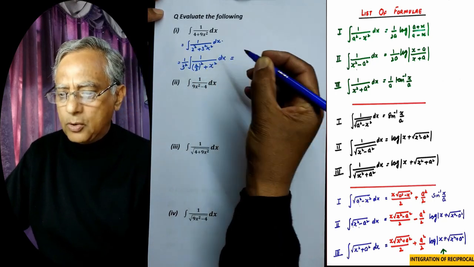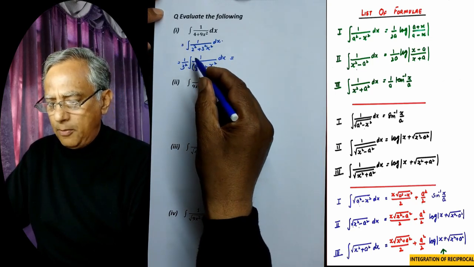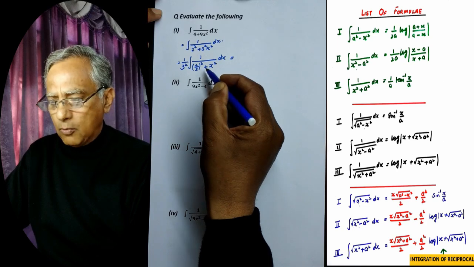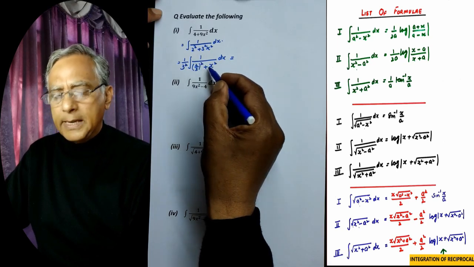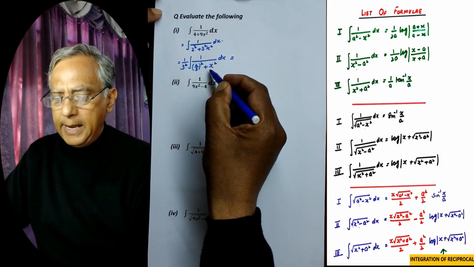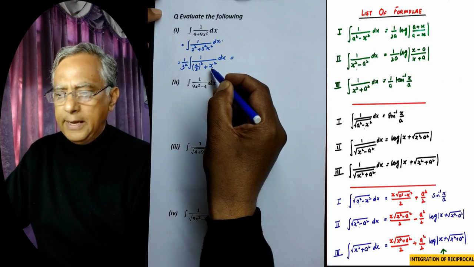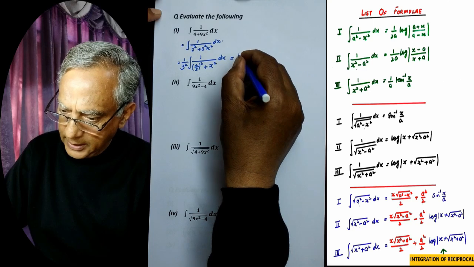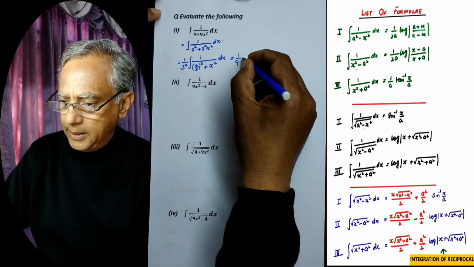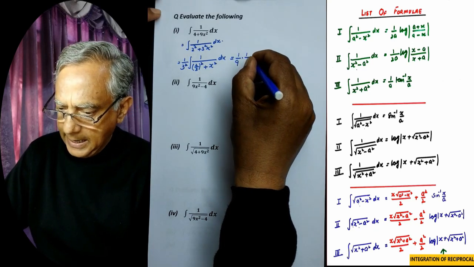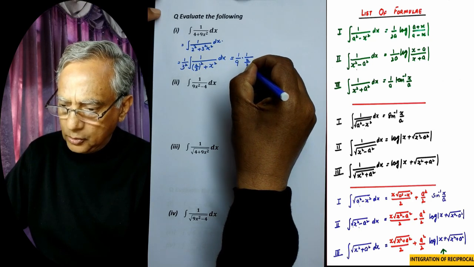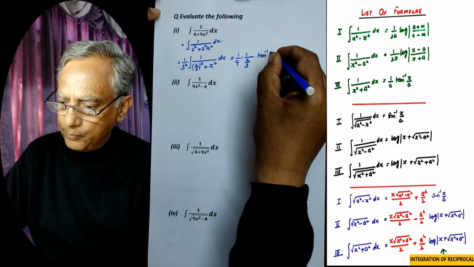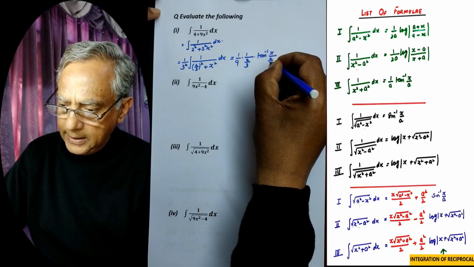Now this is in the form integral 1 by a square plus x square, and the formula for 1 over x square plus a square is 1 by a tan inverse x by a. You can see the side sheet. So this is 1 by 9 into 1 by a, which is 2 by 3, into tan inverse x by 2 by 3.